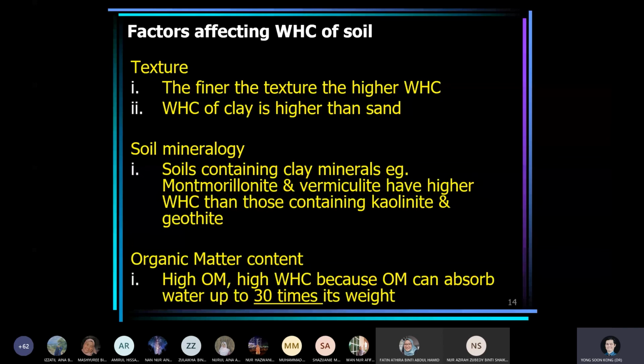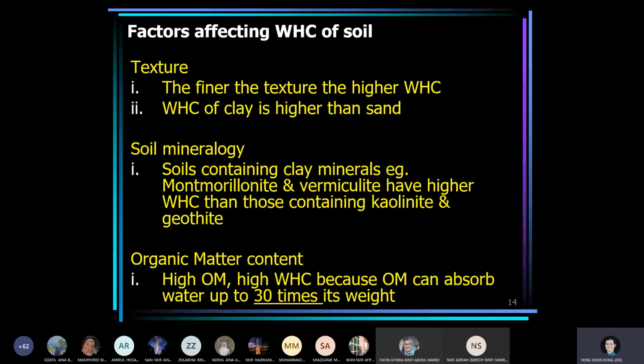They don't swell and they don't simply detach from the soil unless you mix them up. So when kaolinite is flooded with water, no problem. It stays the way it is. However, if montmorillonite is flooded, it will expand and then it will disperse. Kaolinite does not expand and does not disperse.